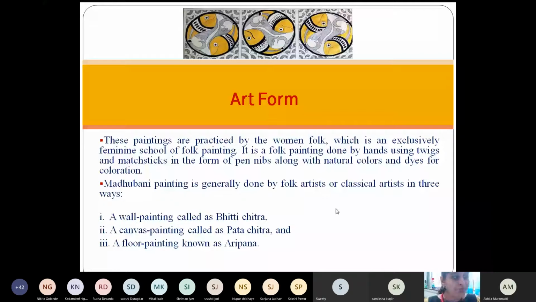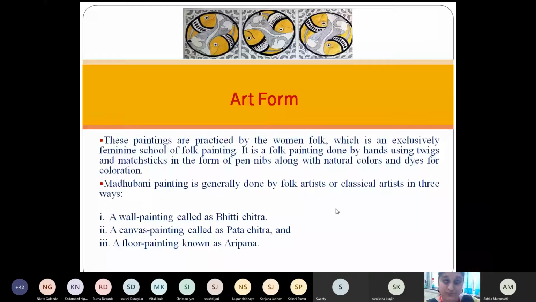Okay, let's continue. These paintings were generally practiced by all these women folk, and when they started practicing this over the years, it came to be called folk paintings, and they created a special committee known as the School of Folk Paintings.